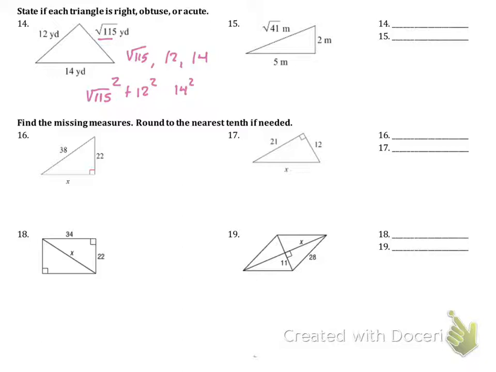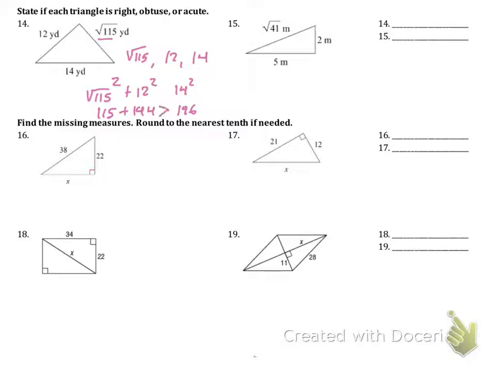So the square root of 115 squared is just 115, right? And then plus 144 is equal to 14 squared. Not necessarily equal to, but it's 196. So I'm going to add my left side, 115 plus 144. 115 plus 144 is equal to 259.